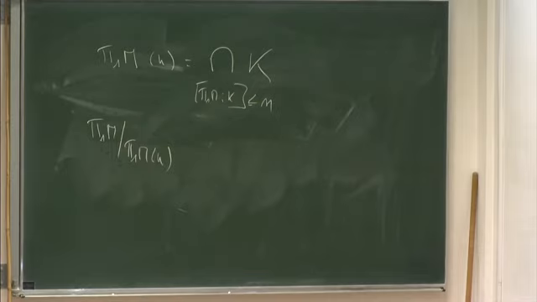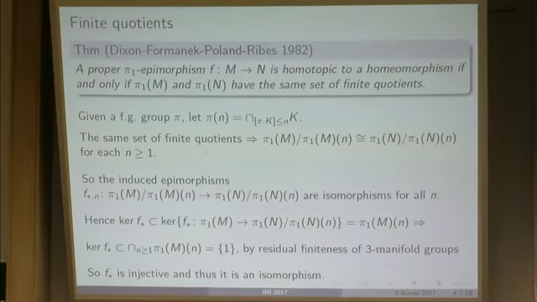Here you will have the same characteristic quotient. So your epimorphism will induce an epimorphism between these characteristic quotients. But since they are finite and have the same cardinality, it must be an isomorphism. Then the kernel of your epimorphism induces the kernel of this epimorphism.